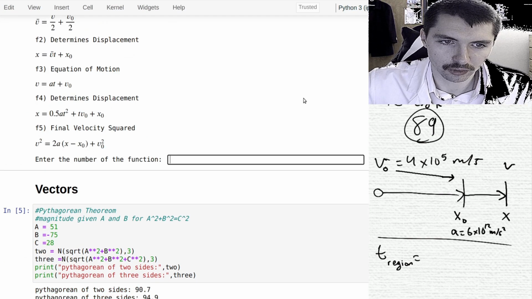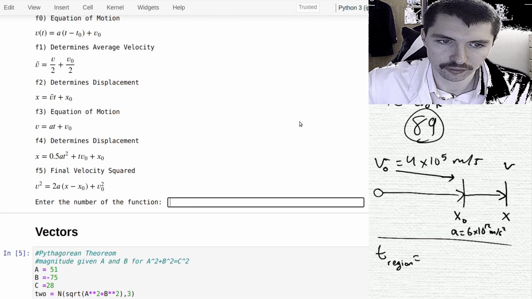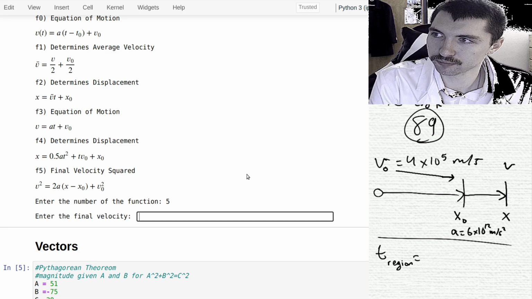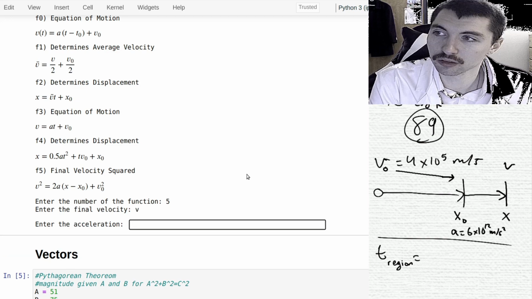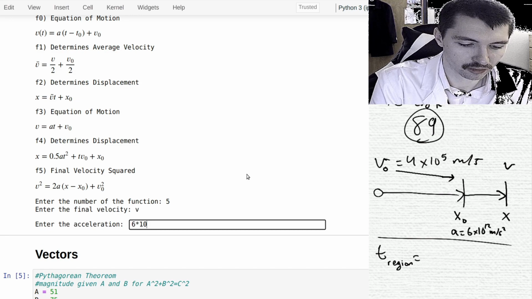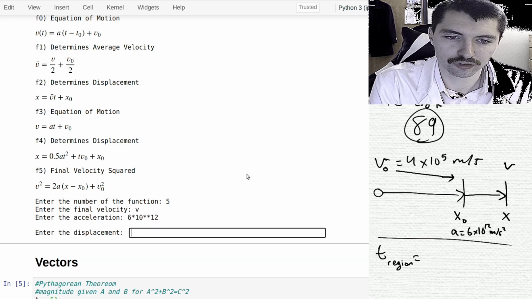So we're going to use equation 5. Final velocity is what we're solving for. Acceleration is 6 times 10 to the 12.